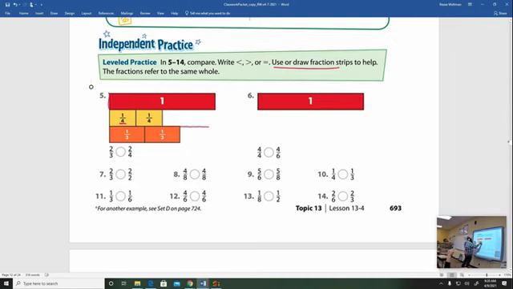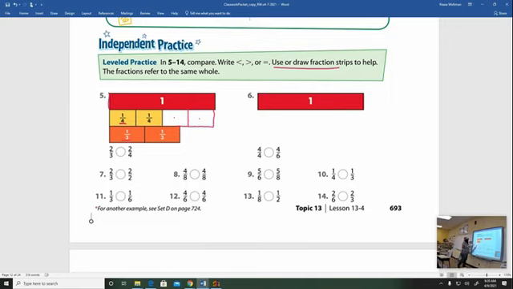So if we were going to continue this drawing right here, we would do another line here, and it would be 1/4 here and 1/4 here as well. Because there'd be 4 parts that we just cut that whole into. Okay? Do you see that? Wilkins, do you see how there are 4 parts for that one?